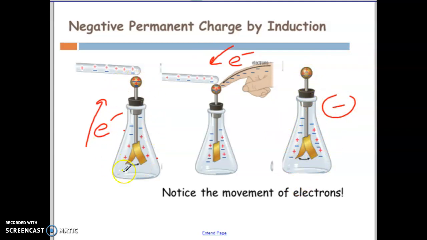We started off neutral, and we used this positive rod to attract electrons in, which caused a negative overall charge once the induction is complete. Remember, if you do not include that ground and you remove the rod, this would simply go back to being neutral. It would be a temporary charge only.